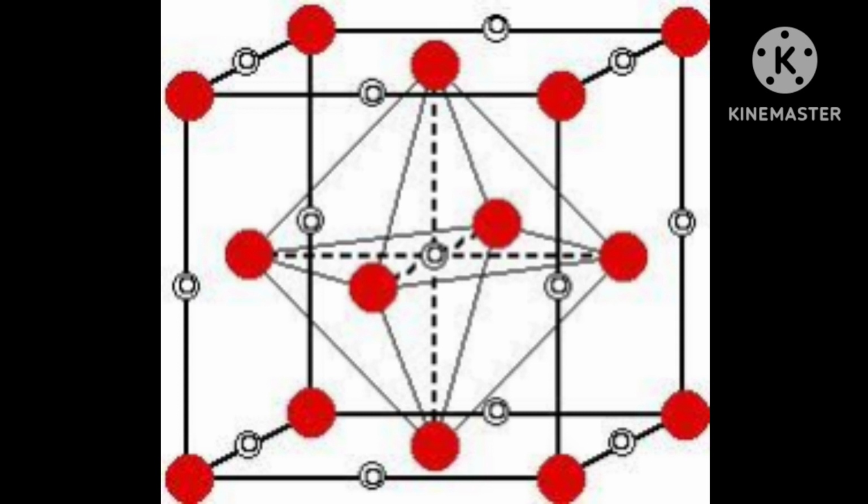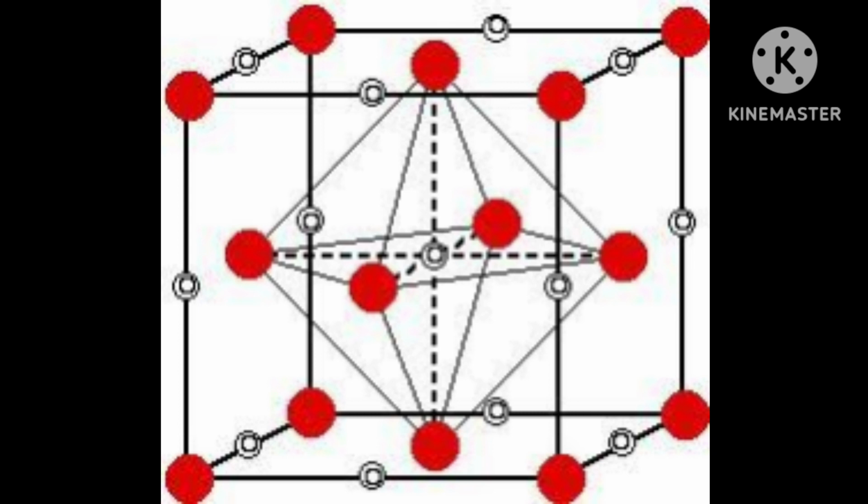Because in the center nothing is there, there will be a void. It means one octahedral void at the body center of the cube is generated, because there is no particle, no atom.